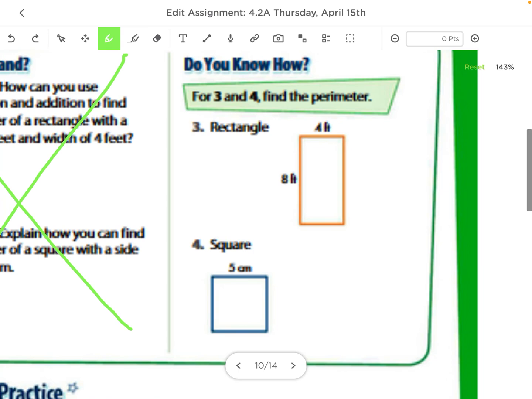So instead of writing out 4 plus 4 and 8 plus 8, we'll multiply them by 2, the length and the width times 2, and add them together. So 4 times 2 equals 8, and 8 times 2 equals 16.